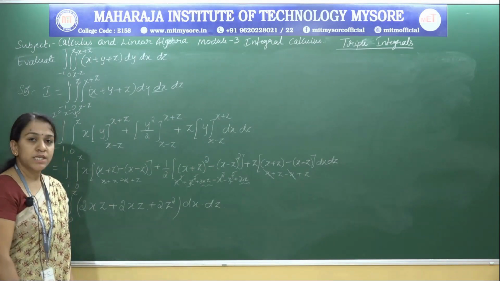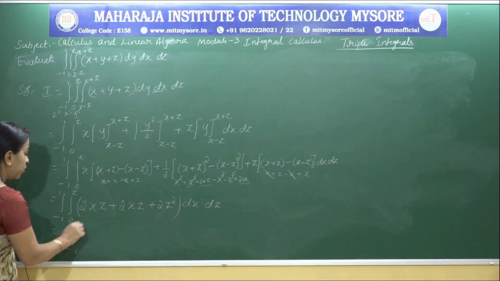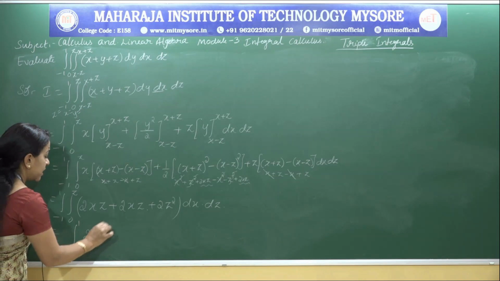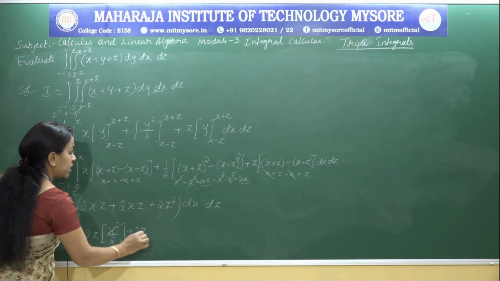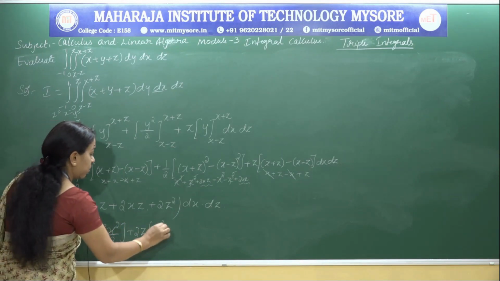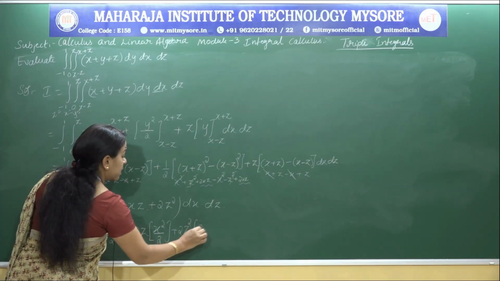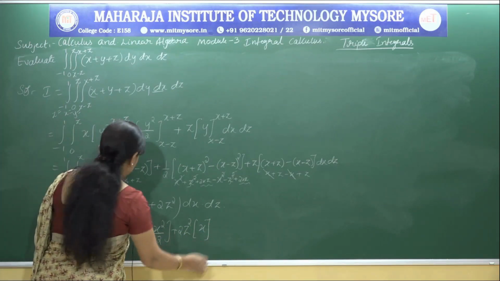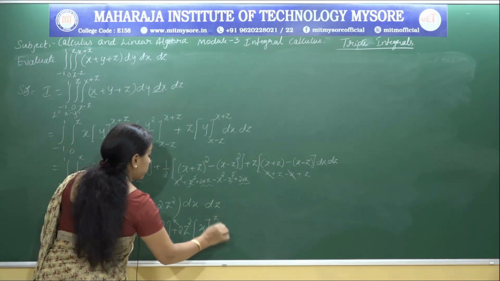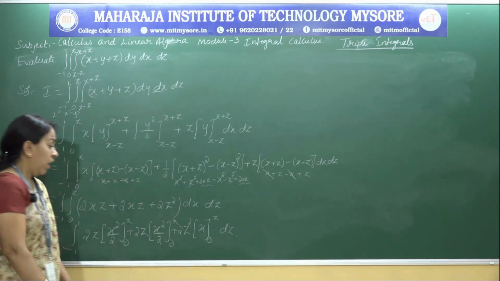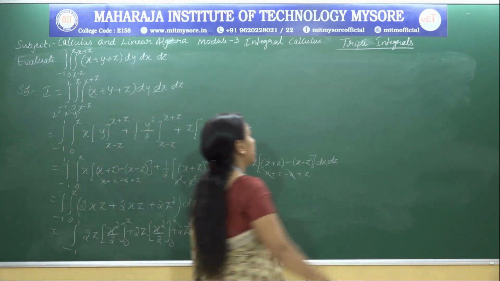Now keeping your z constant, integrate with respect to x, that is integral minus 1 to 1, 2z constant, integral of x is x square by 2, plus 2z square constant, integral of dx is x between the limit 0 to z, dz. Now apply the limit and then integrate with respect to z.